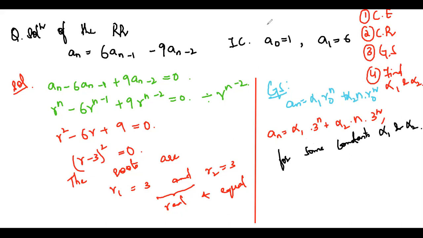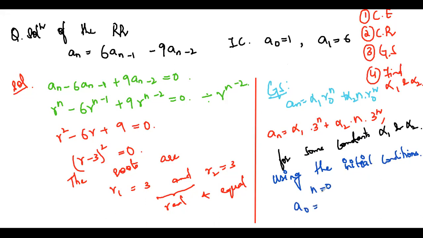Alright. Now we have to use the initial conditions. So let's write using the initial conditions, we will put n is equal to 0. What will happen when we put n is equal to 0?